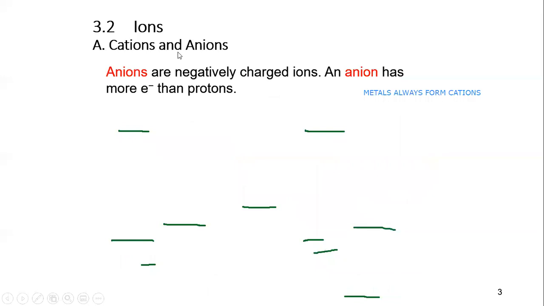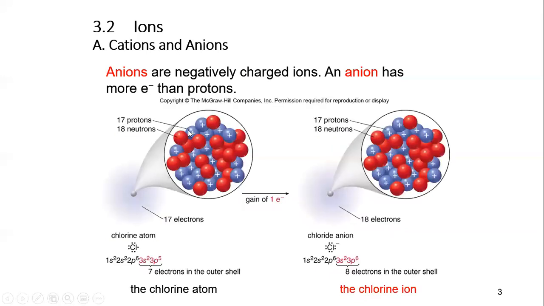So now anions, on the other hand, as we said, anions have more electrons than protons, and nonmetals form anions. So if you see a nonmetal, it's going to form an anion in an ionic compound. So here we have chlorine. The chlorine atom has 7 valence electrons, so 3s2, 3p5. As we'll learn in a little while, nonmetals like to obtain 8 valence electrons.